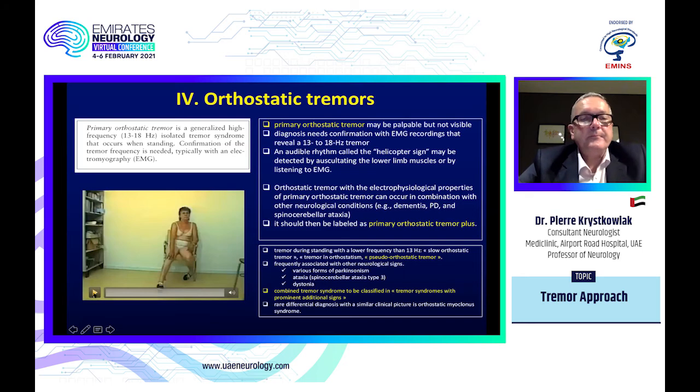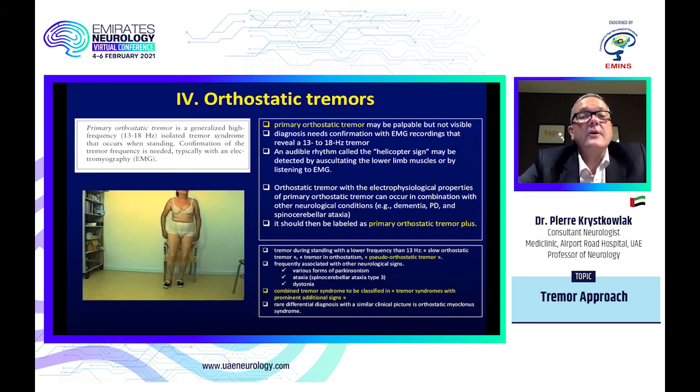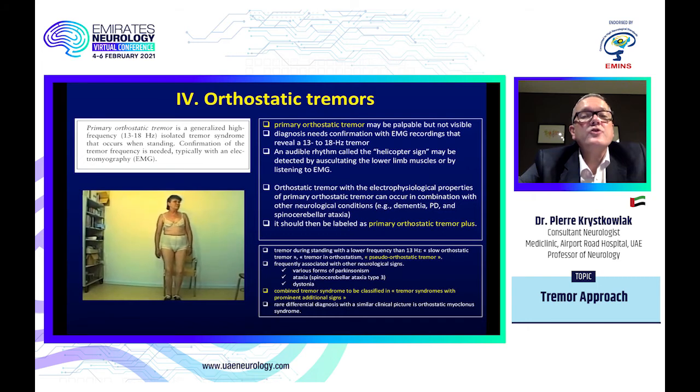Now, let's move to the fourth big category of tremor syndrome, which is orthostatic tremors. So you have the primary orthostatic tremor, which is a generalized high frequency, 13 to 18 hertz, isolated tremor syndrome that only occurs when standing and goes away when the patient walks.